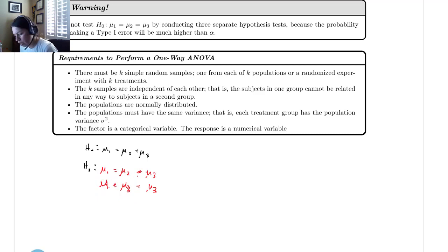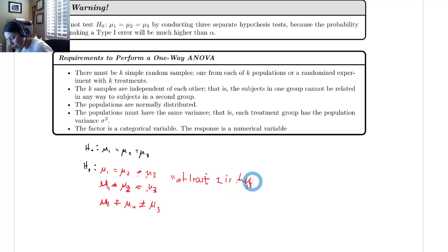Or they could all just be different from each other. And so we end up with all these different combinations and permutations of how they could be different. This is warning you: do not do three different hypothesis tests. Do not do combination after combination or permutation after permutation. All we should be saying is that at least one is different. Because if we say at least one is different, we can just do the ANOVA test and it does all that work for us of all those combinations.